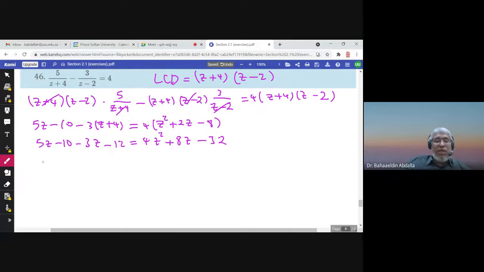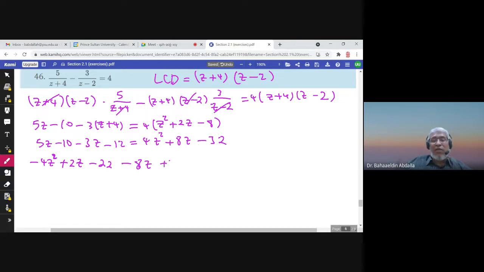So let me take everything to the left-hand side, because I have z squared. So negative 4z squared. Now you have 5z minus 3z, I can write this plus 2z. Negative 10 minus 12, I can write it negative 22. And now 8z, when I take it to the other side, negative 8z.